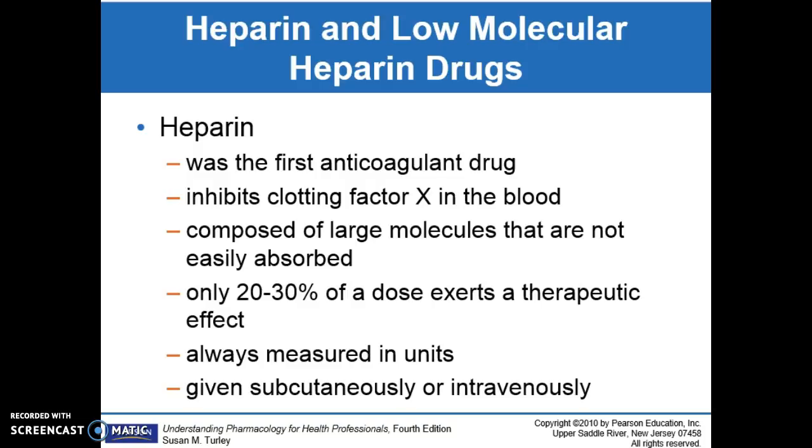It's measured in something called units. We can give it subcutaneously or intravenously. It is also one of the drugs that is the most common error-filled drug, a drug that has the most errors associated with it, mainly because of this ability to not cause blood to clot.